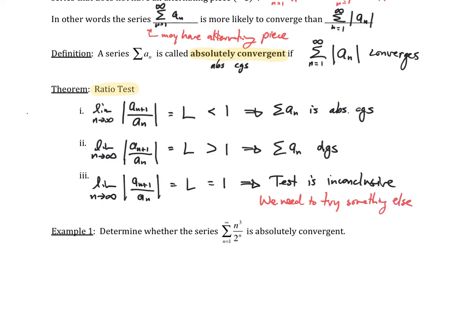I'm going to highlight this last case because it's kind of a big deal. This ratio test is super powerful. The only thing is there's one situation where the test is inconclusive, and then we need to try something like an alternating series test, an integral test, a comparison test, or a limit comparison test.